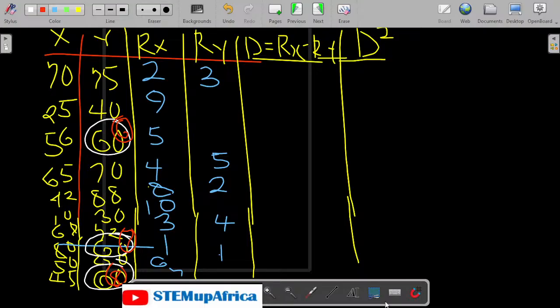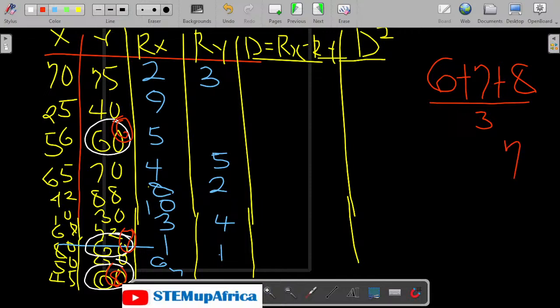So that means you sum them up, 6 plus 7 plus 8. How many numbers are there? 3. So 6 plus 7 plus 8 is 21, divided by 3. That is now 7. So in place of the 60, there will be 7. This other 60 is 7. The last 60 is 7.